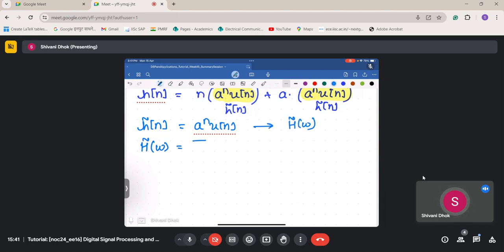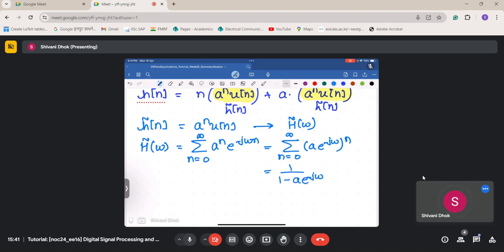This will be simply summation n running from, since it is u of n, 0 to infinity a to the power n into e power minus j omega n. This is equal to summation n running from 0 to infinity (a into e power minus j omega) to the power n. If the magnitude of a is less than 1, this will converge and will be equal to 1 upon 1 minus a into e power minus j omega.